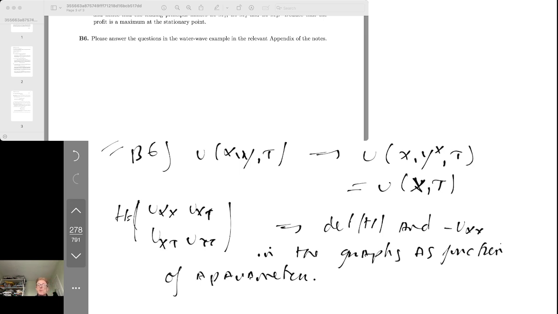You are supposed to tell us for which value of this parameter delta the value at the stationary point is a maximum. The key novelty here is that you look at the graphs in order to decide what the signs of the determinant of the Hessian and of LPM1, that's uxx, or minus LPM1, are, in order to draw conclusions.